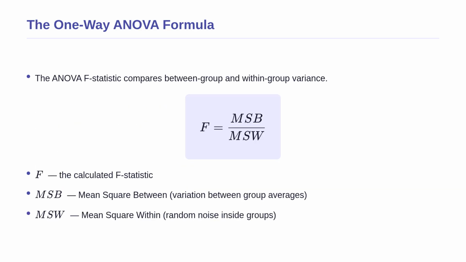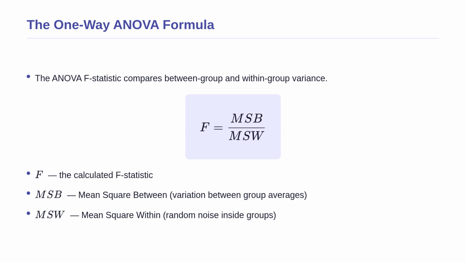This brings us to the core formula for one-way ANOVA. Once again, we are calculating an F statistic, but it is constructed differently than before. The formula is F equals MSB divided by MSW. The symbol MSB stands for mean square between. This measures how much the averages of the different groups differ from the overall grand average.